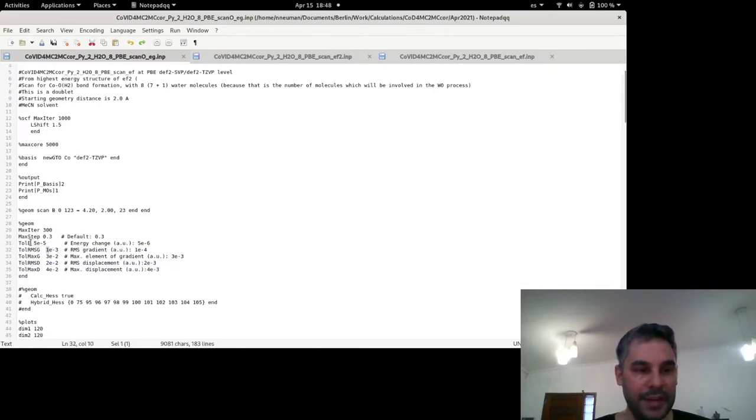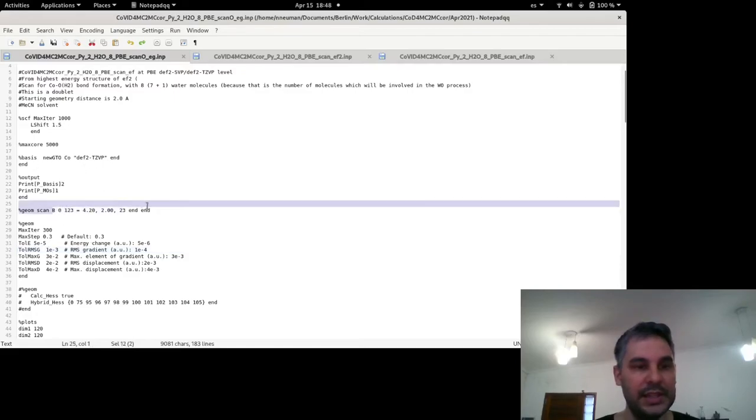So all my thresholds are 10 times the defaults. 5 times e to the power of minus 5 versus 5 times e to the power of minus 6. 1 times e to the power of minus 3 versus the power of minus 4, etc. So this is half the thresholds that I had in the previous calculation. So now we are going to see what we got for this other step of the reaction.